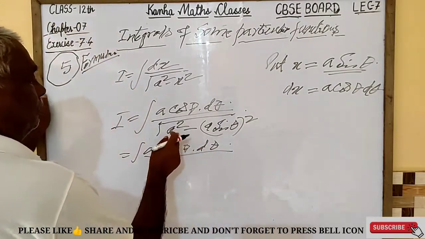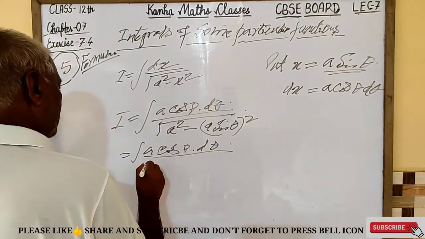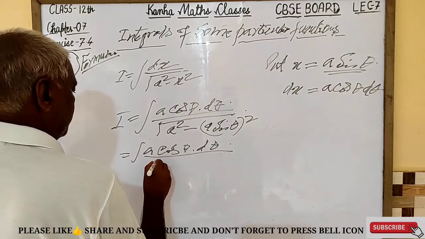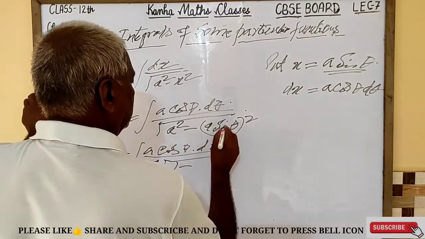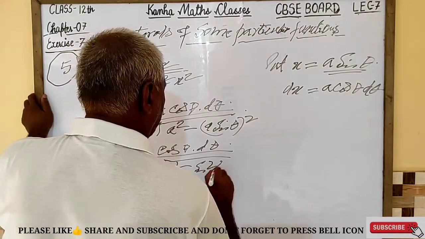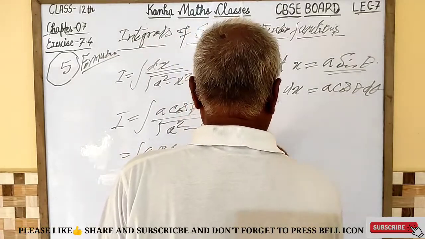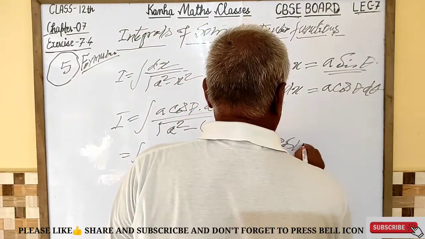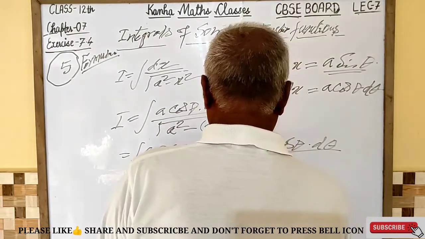If you take common within the root a square, out of root this will become a, means 1 minus sin square theta. This will become a cos theta d theta upon a.